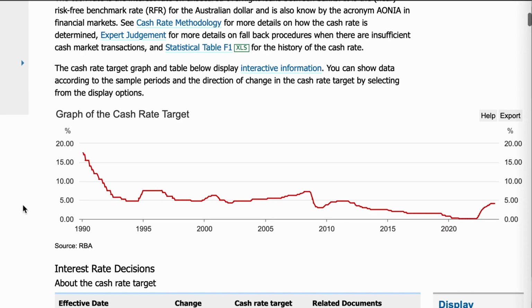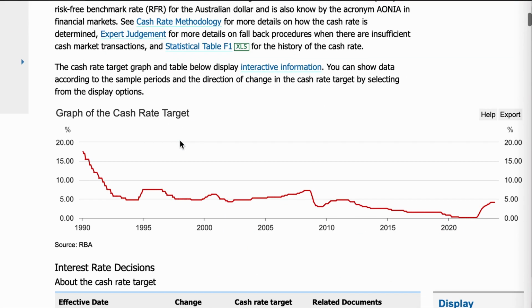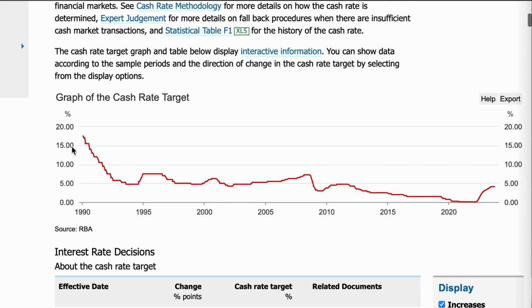If we jump in and have a look now, we can see that the cash rate in 1990 started at 17.5%, and in the space of 3 years it went from 17.5 to 4.75%, and then back up in 1995 to 7.5. So in the space of 1 year, it went from 4.75 to 7.5.